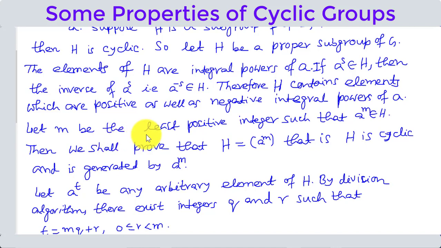Let m be the least positive integer such that a to the power m belongs to H. Then we shall prove that H is equal to the group generated by a to the power m, that is, H is cyclic and is generated by a to the power m.